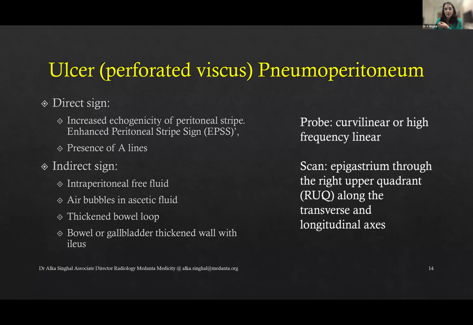And of course, the indirect signs you will see are intraperitoneal free fluid, associated signs, air bubbles in the ascitic fluid, thickened bowel loops, any bowel or gallbladder pathology with thickening, ileus, obstruction, stasis and paralytic ileus, and other factors, right? So let's understand what this EPSS is and what these A lines in the peritoneum are.